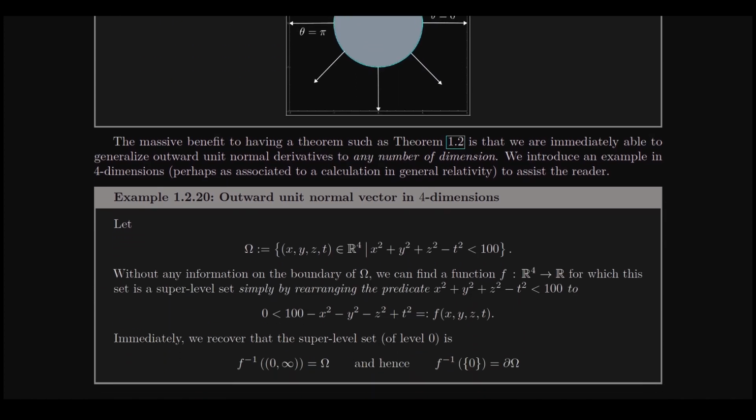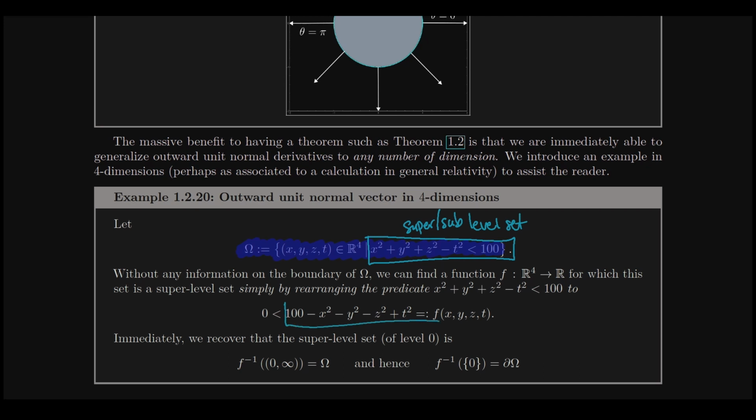I do want to stress that the main reason we care about this is because we can just start by defining domains as super or sub-level sets. It's just part of the definition. You should almost always see the super or sub-level set on the right-hand side of the definition of a domain, because this is the easiest way for us to do it.